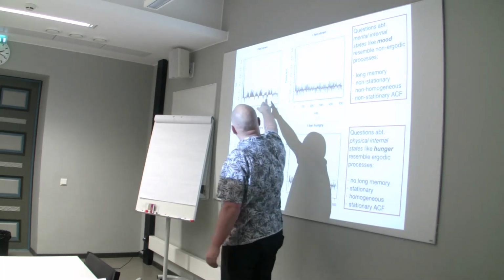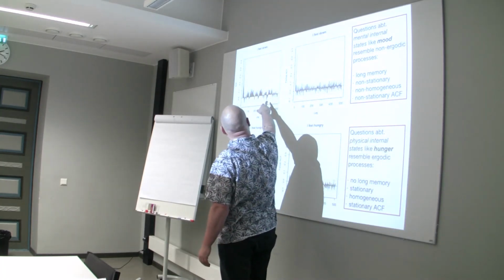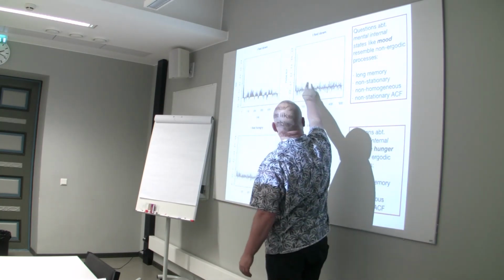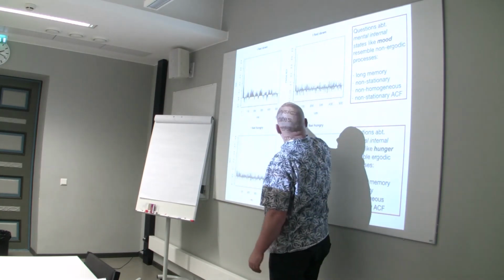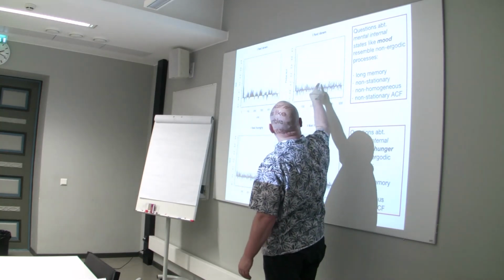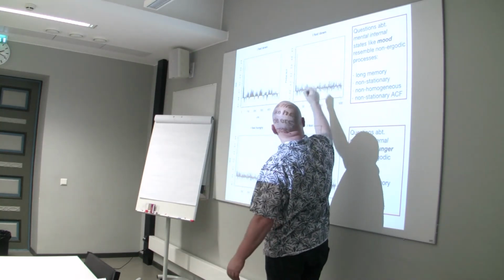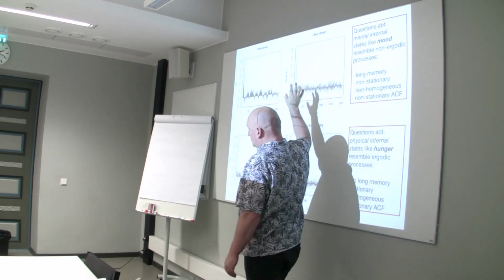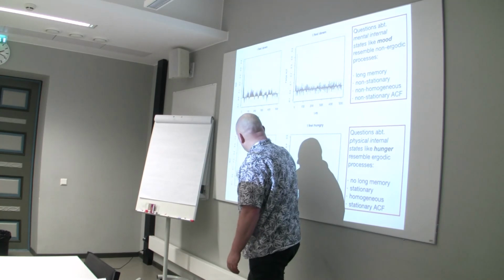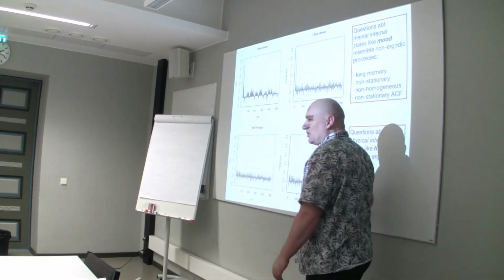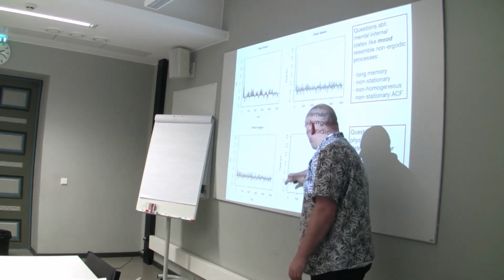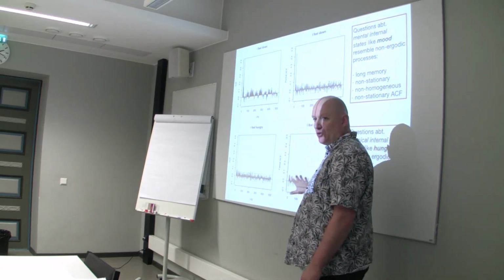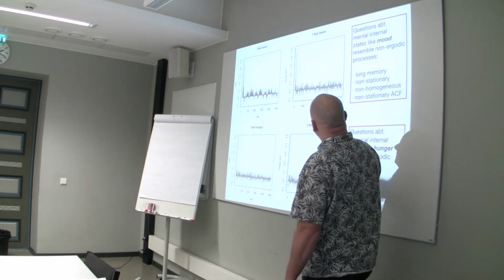So this is the autocorrelation function for I feel down, and this is the partial ACF, and you see there are all kinds of significant correlations going on. They may not be very high, but it's at some point significant. And this is partial autocorrelation. I feel hungry, almost nothing. Right? There are some here, but this looks much more like this white noise partial autocorrelation function than this one.